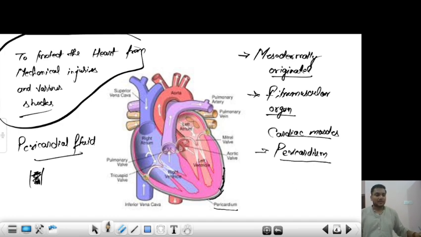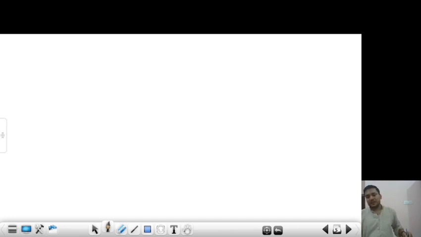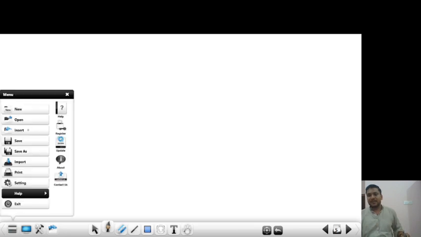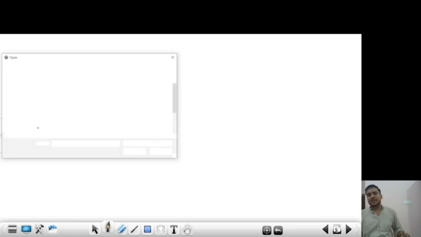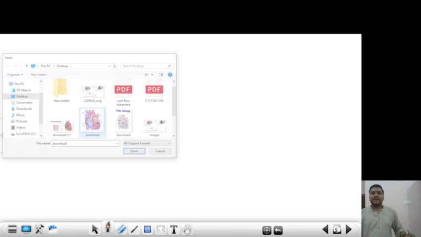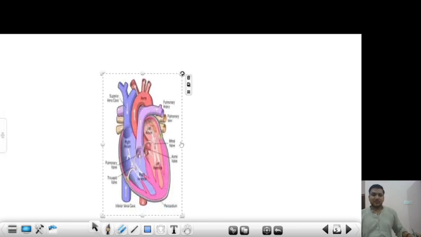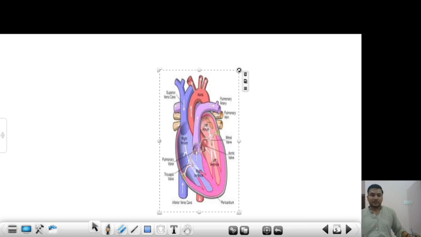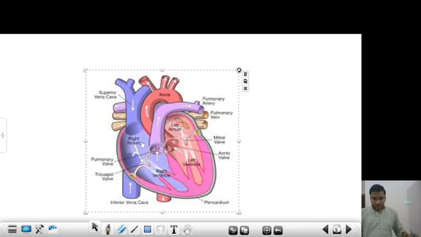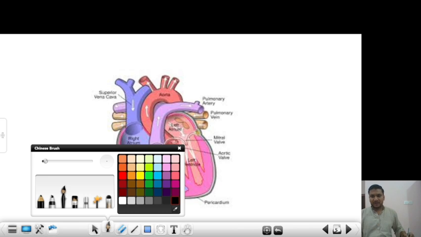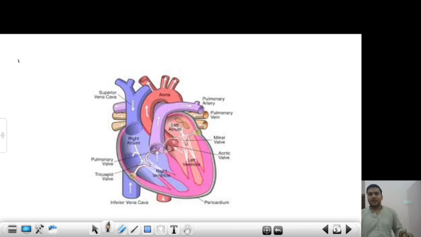So here we can see that heart is made up of, externally, cardiac muscle. Moving internally, you can see there are four chambers of human heart. That is, human heart is composed of four chambers or compartments.